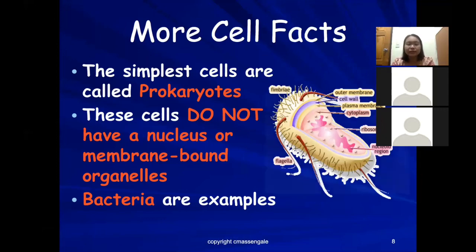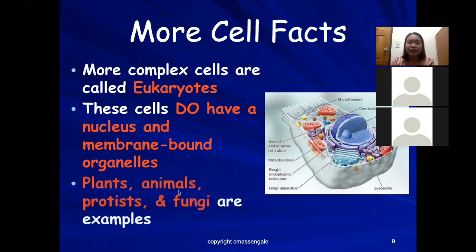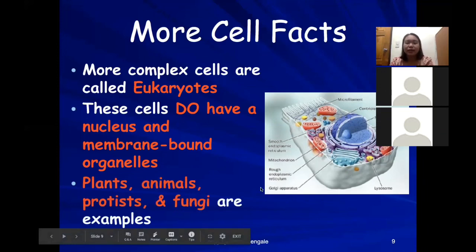So eukaryotes naman, from the word eu, so you always remember the eu in eukaryotes and the nucleus. So this is the type of cell which has a nucleus. This one. So this is the eukaryotic cell. And examples of this are the plants, animals, protists, and fungi, except for virus.